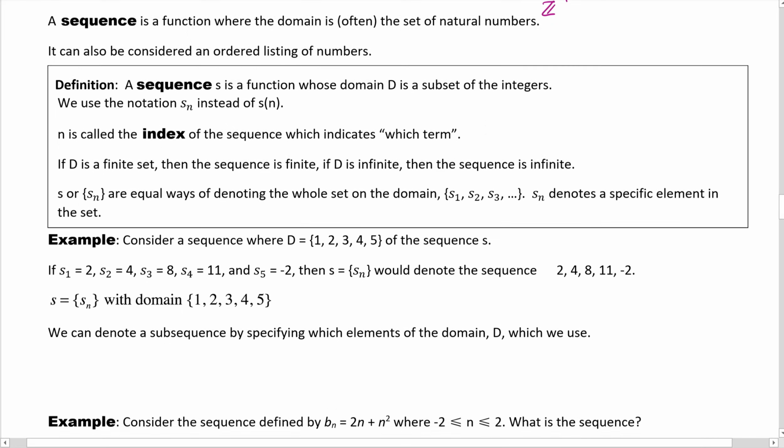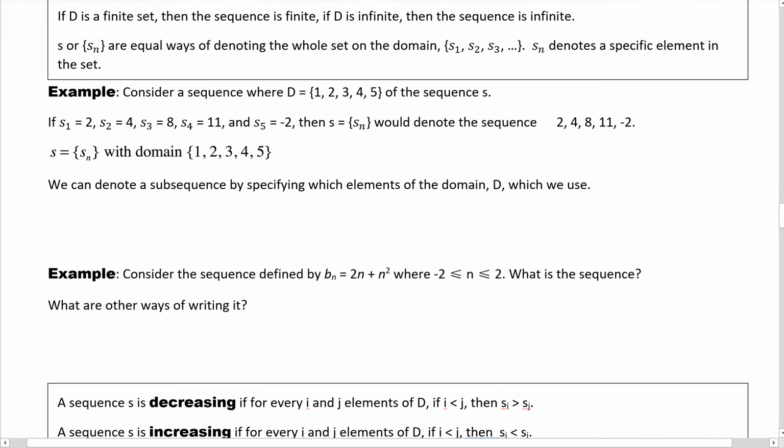Let's look at an example. Consider a sequence S where the domain equals 1, 2, 3, 4, 5. If S_1 equals 2, S_2 equals 4, S_3 equals 8, S_4 equals 11, and S_5 equals -2, then we can denote the sequence by 2, 4, 8, 11, -2.